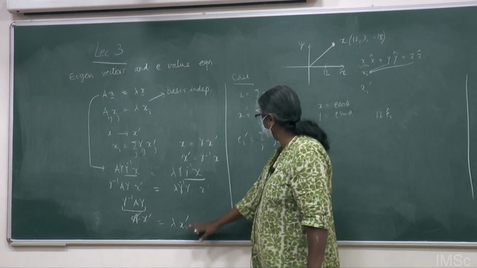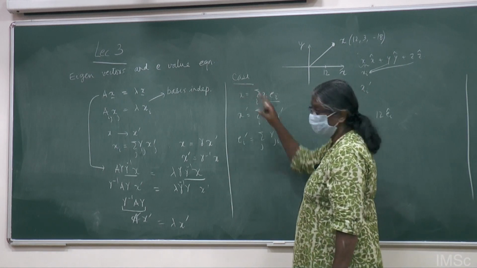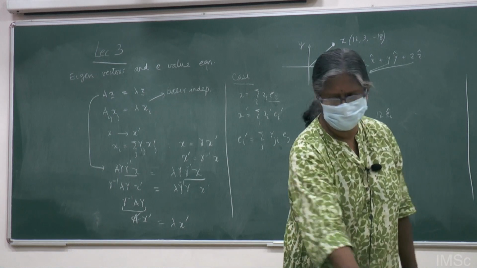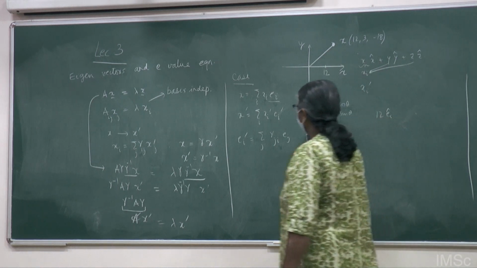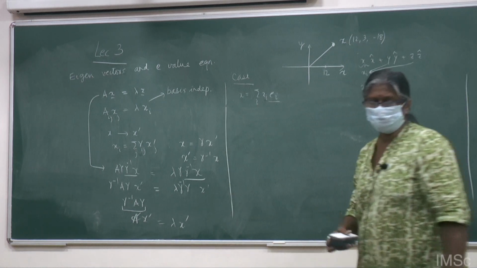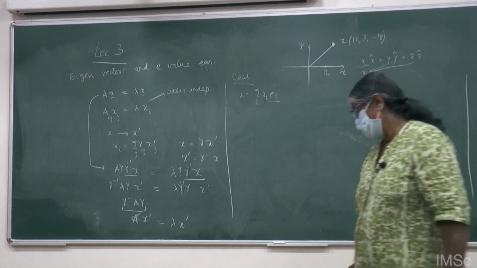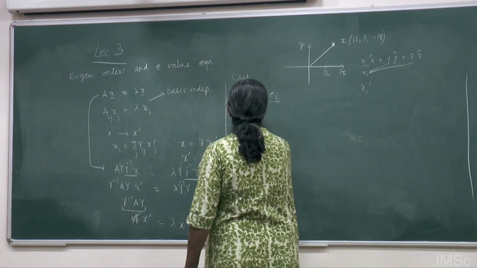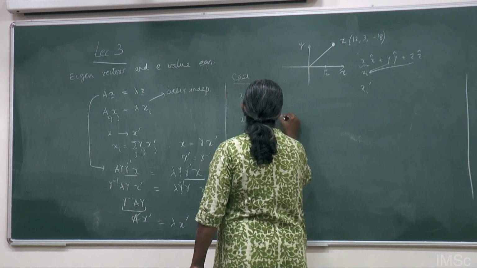So what I was coming to is that I want to take the case where I transform to a basis in which these x prime are actually the e's.